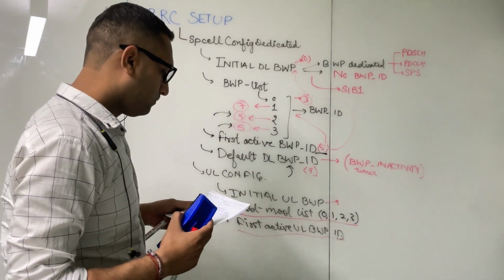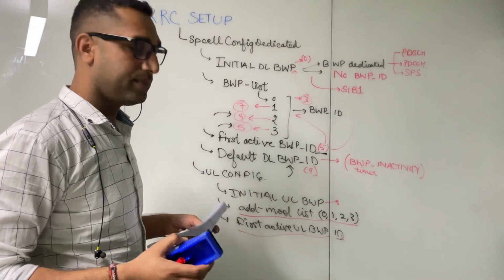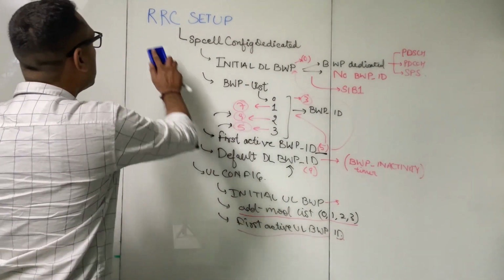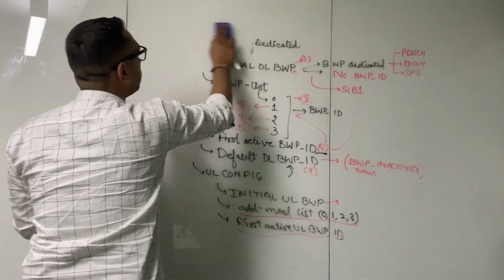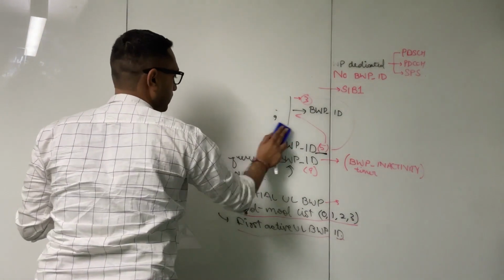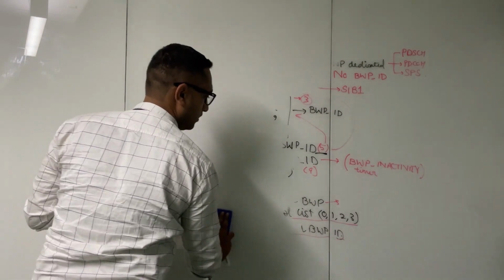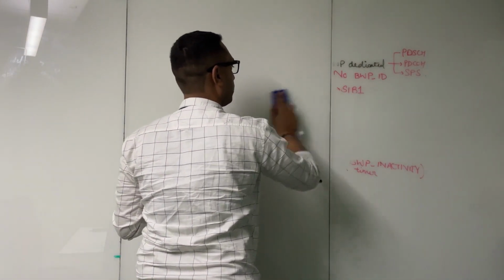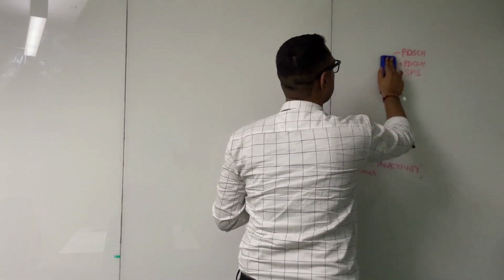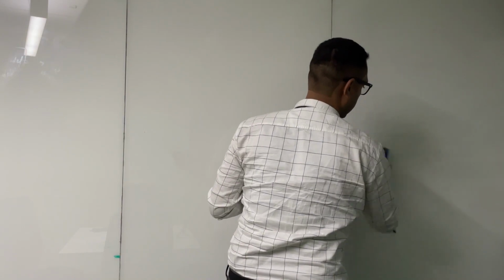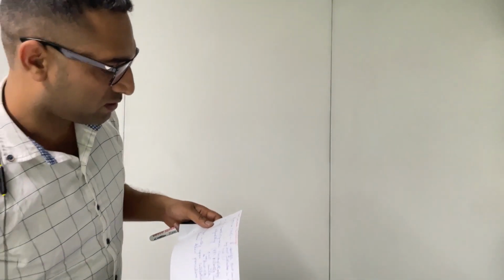Moving on, we will now study BWP operations regarding selection or switching. I suppose this much is clear.